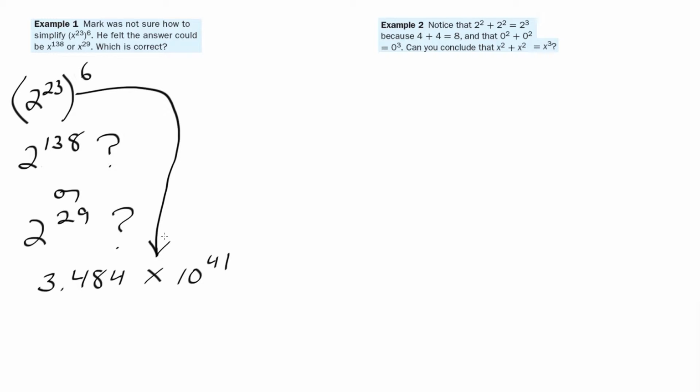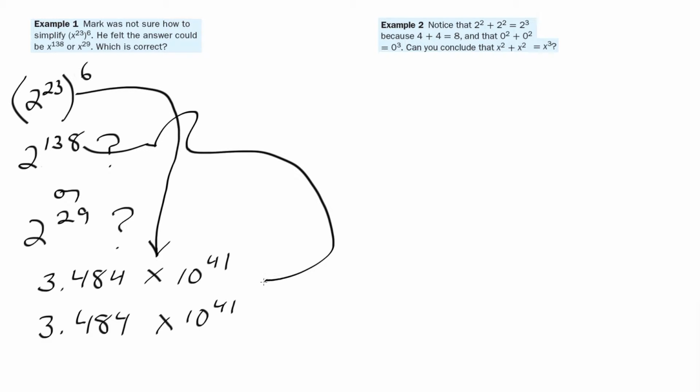And 2 to the 138th power is 3.484 times 10 to the 41st. There we go. We found that x to the 138th is the right way to go. And that's by using a special case to determine the right solution to the problem.